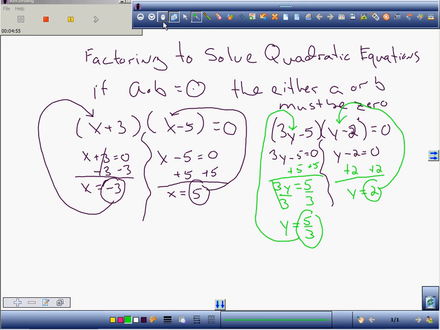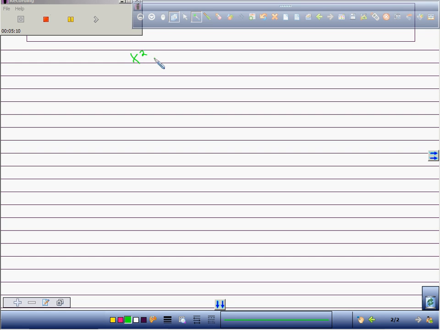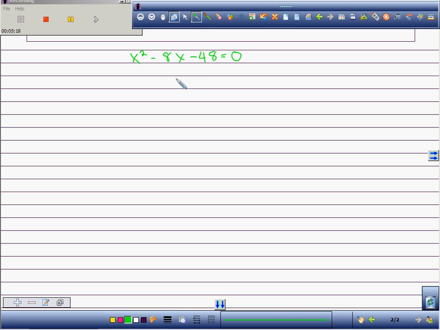Say, for example, new page. I have the equation x squared minus 8x minus 48 equals 0. I'm going to factor this to solve it, so the first thing I have to do is factor.